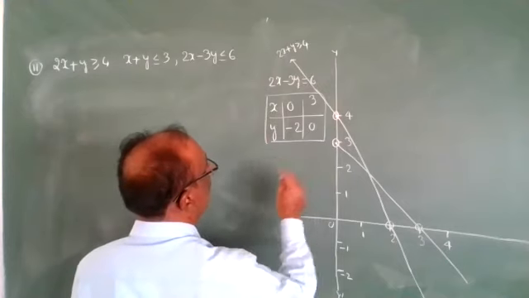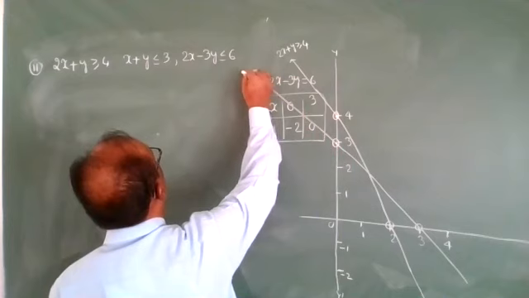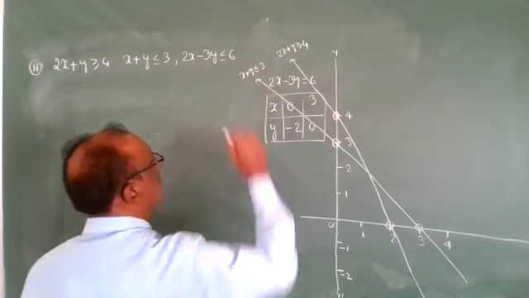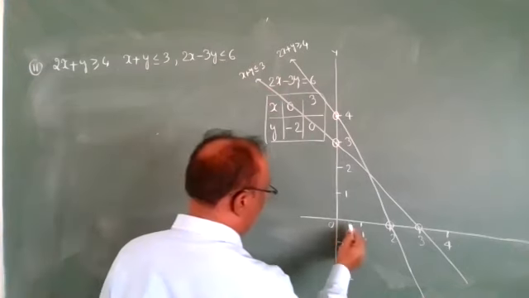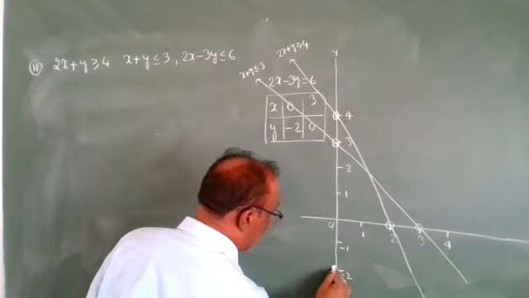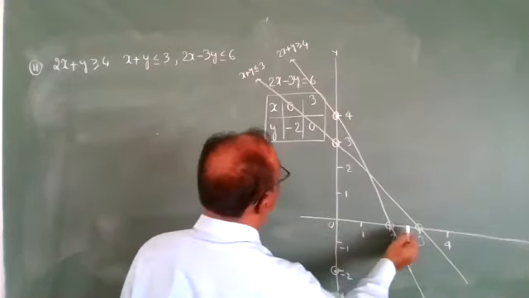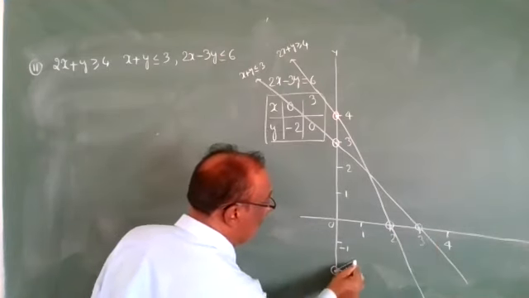This equation is x plus y less than or equal to 3. For the third table, x 0, y minus 2; y 0, x 3. Now join these two very carefully.